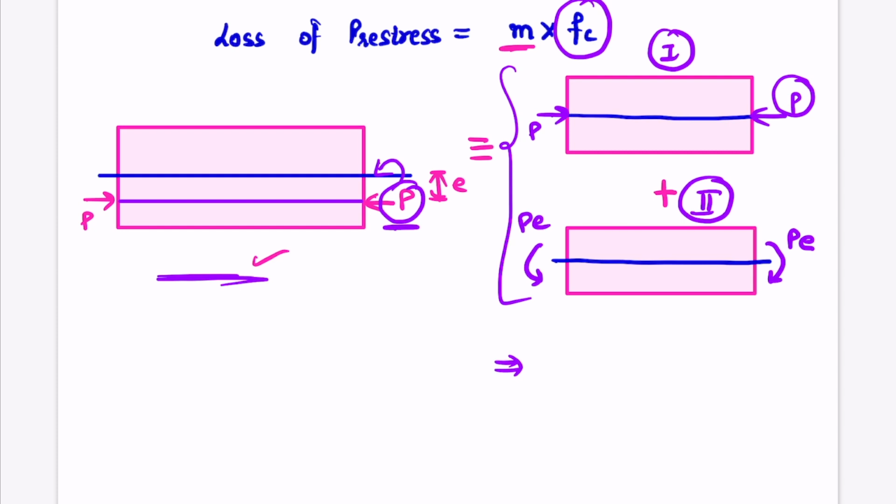We know that bending stress is M by I multiplied by y, where M is the applied bending moment, I is the moment of inertia, and y is the location where we have to calculate the stress. Here we have to calculate the stress at the location of the tendon. So what will be the value of y here? The value of y will be e, right? Because e is the location where we need to calculate the stress.